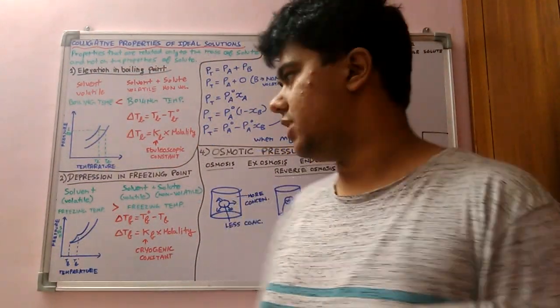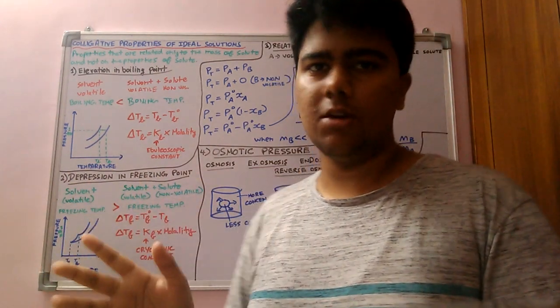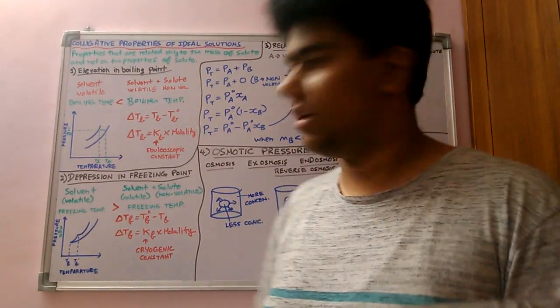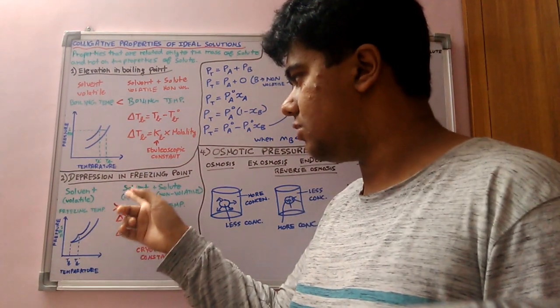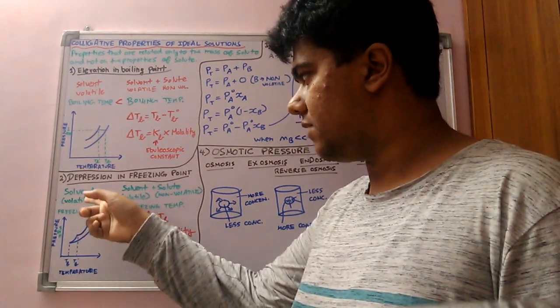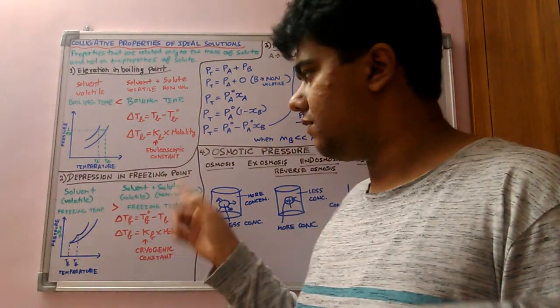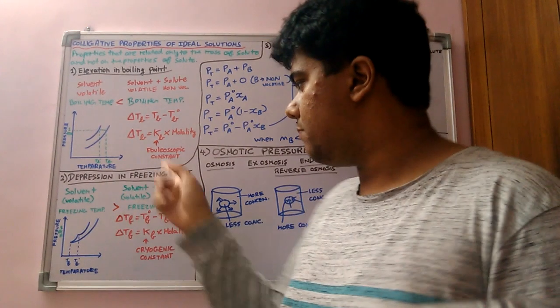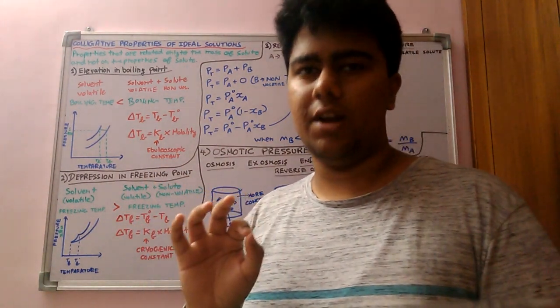Alright folks, the next property that we have is depression in freezing point, which is pretty similar to the first one that we have studied earlier. As you can see, I made the exact comparison over here as well. Over here we have just the volatile solvent, and over here we have that exact volatile solvent plus the non-volatile solute. But the story is a bit different here.